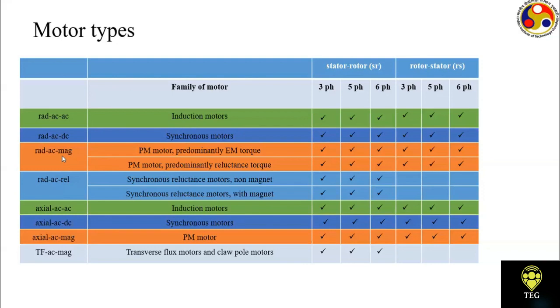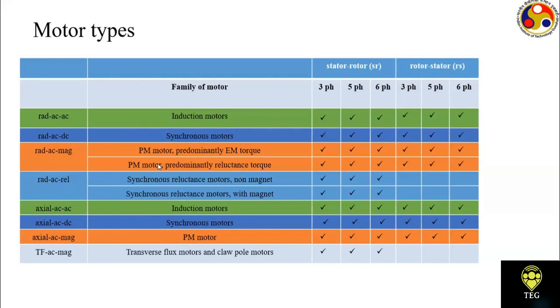Now here, the third category is radial direction of the magnetic field. The stator has an AC excitation and the rotor has permanent magnets. Permanent magnet machines are again two types. You can have permanent magnet machines which produce predominantly electromagnetic torque. EM means electromagnetic torque. These are the brushless DC motors, or we call them in short BLDC.